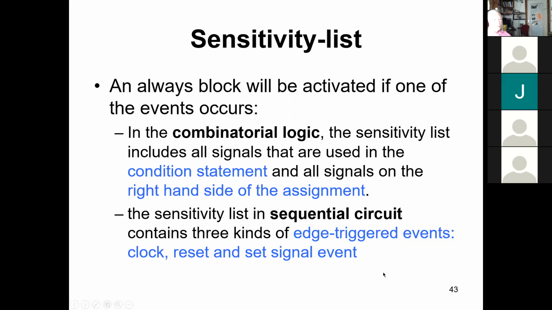FPGA, that's not true. When you're dealing with sequential logic in an FPGA, you're always dealing with flip-flops. So really, only edge, clock, reset, and set signals are relevant. And in the FPGA we use, they tell you you can have a reset or you can have a set, but don't have both unless you absolutely have to, because if you have both, then it definitely jacks up the efficiency of your logic.